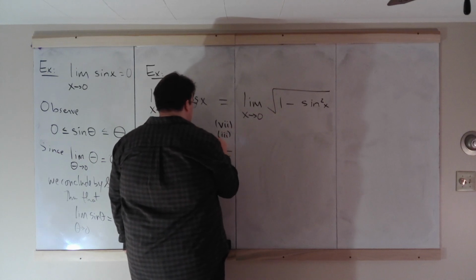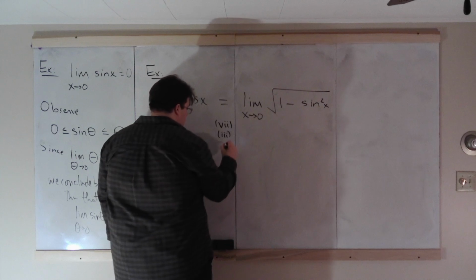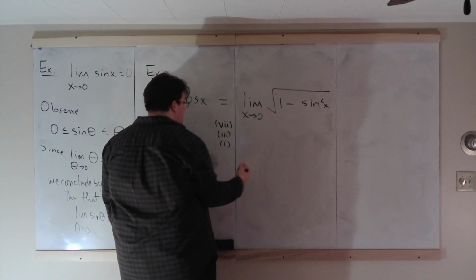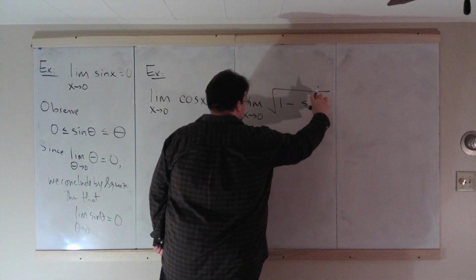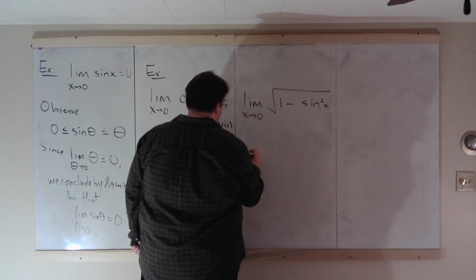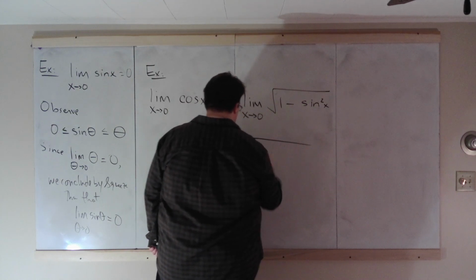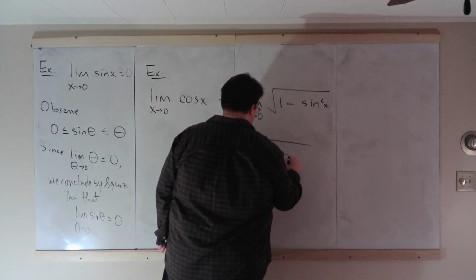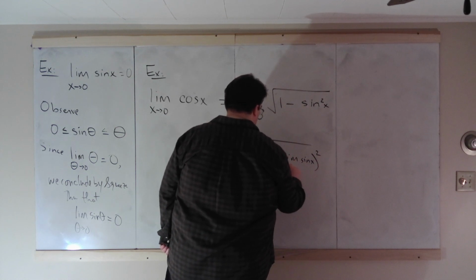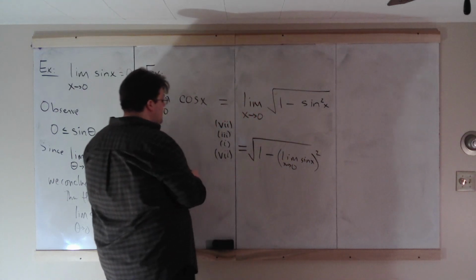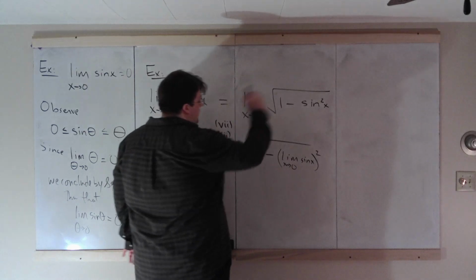We can then use rule 1 to take the limit of 1. We can then use rule 7 to push it inside this squared function. And that gets us to that this limit equals this limit. So using those 3 rules, using rule 7 twice, we have that that limit equals this limit.